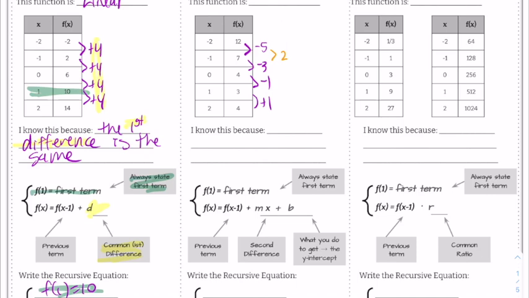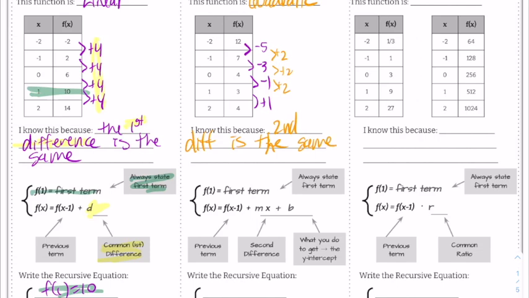Here this is going up by 2, up by 2, up by 2. So that means that our second difference is the same. If the second difference is the same, we know that this is quadratic. This is our new one that we've been working with.